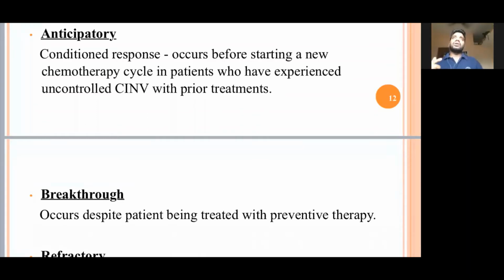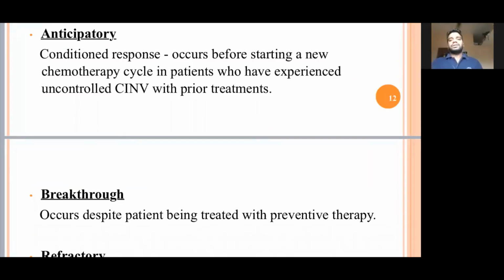So you anticipate because you have the information that in the previous cycle the patient had excessive nausea and vomiting. So you anticipate that in this cycle also the patient is going to have extreme nausea and vomiting. So based on that, you treat. Sometimes you give pre-treatment. Sometimes they will give the antiemetic before giving the chemotherapy.